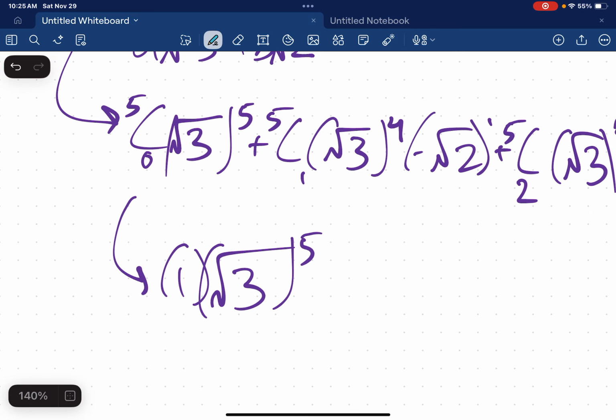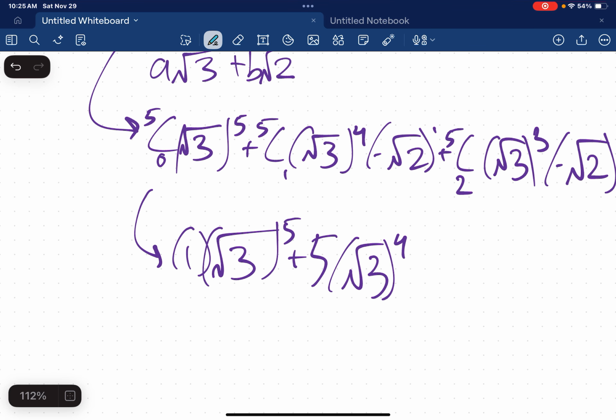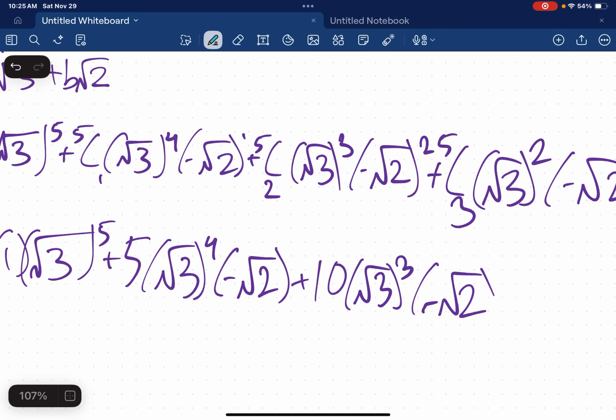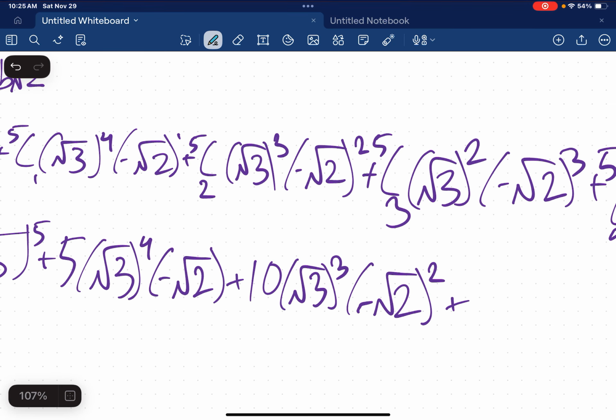And this is all just me plugging everything into a calculator, basically. 5 choose 1 is going to be equal to 5, plus 10, plus 5 choose 3, which is equal to 10 again.